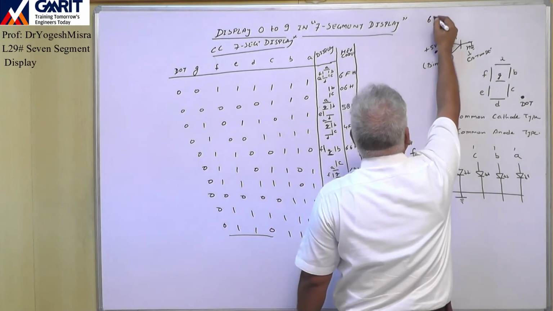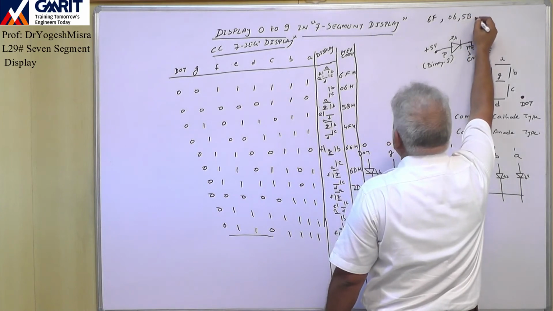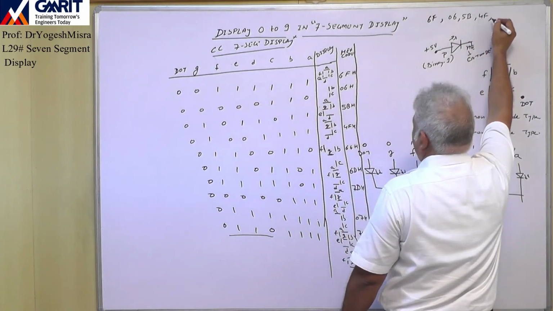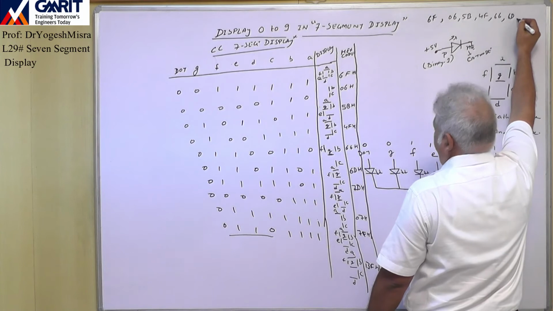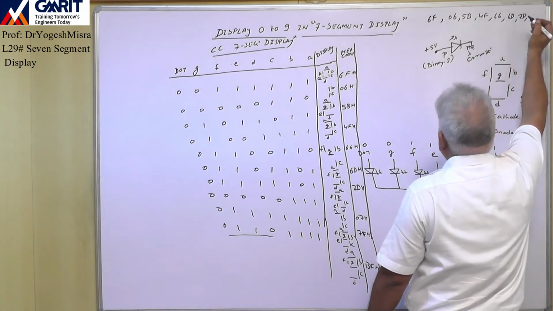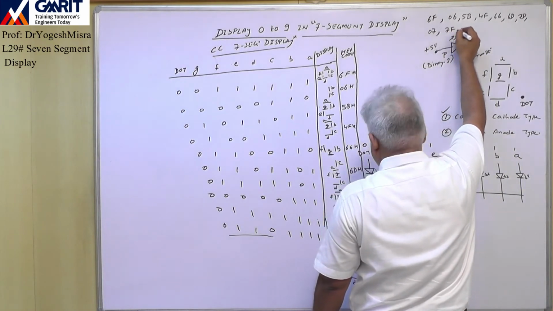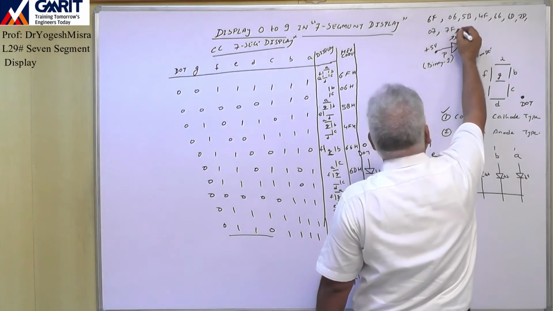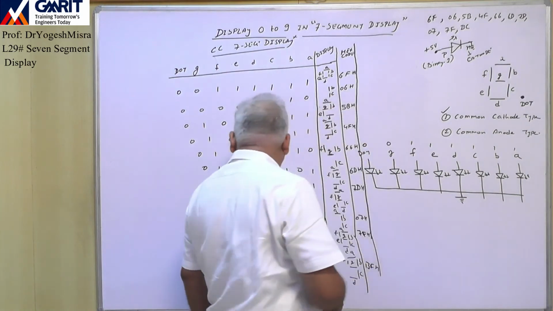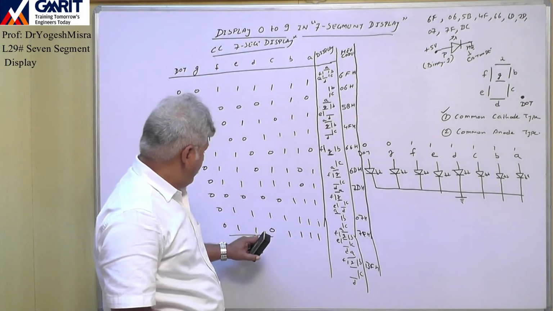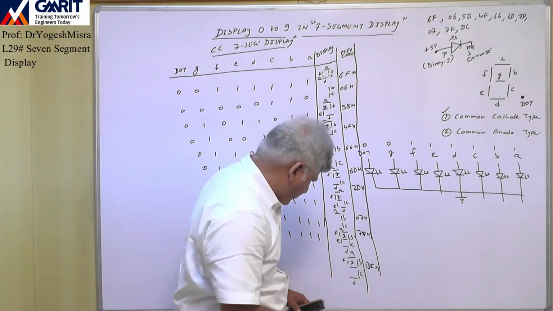Codes are 3F, 06, 5B, 4F, 66, 6D, 7D, 07, 7F and 6F.